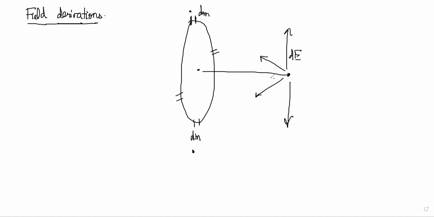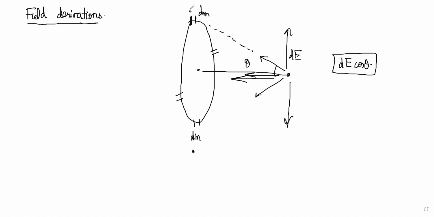The only components that will remain are the axis components along the axis. Similarly, for each of the diametrically opposite points, if you label this as theta, only dE cos theta matters, the dE sin theta gets cancelled.